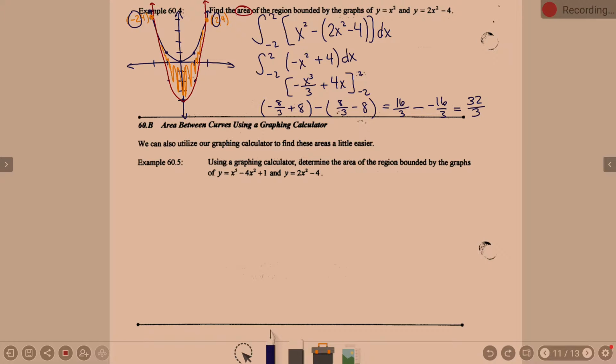So 16/3 plus 16/3 is 32/3. I say that with a question in my voice because I have not looked at the answer key. Okay, I agree with myself.